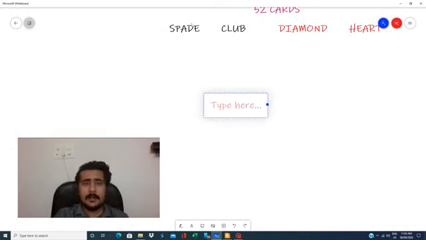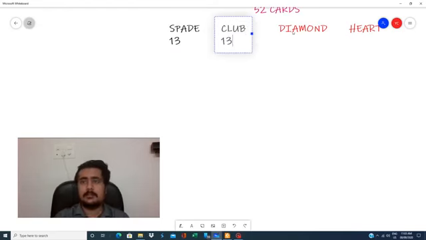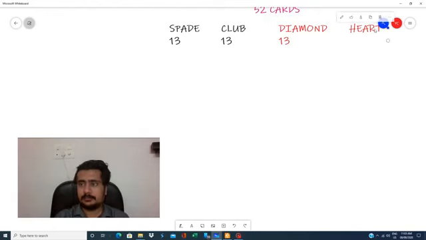Now, in total there are 13 spade, 13 club, 13 diamond, and 13 heart.